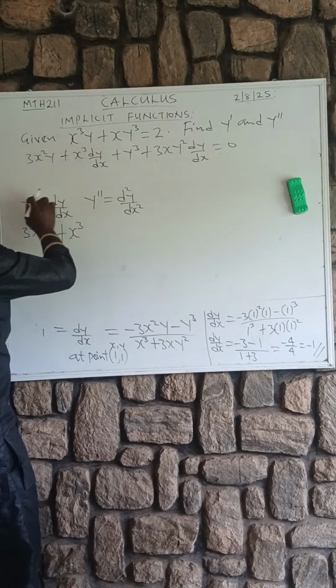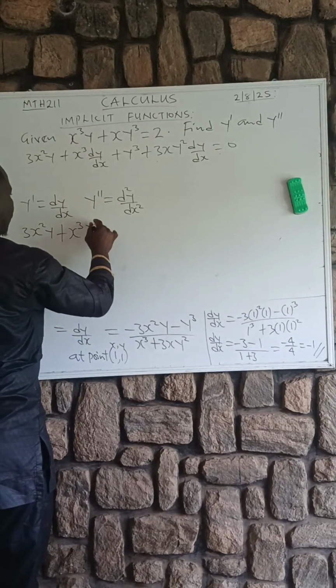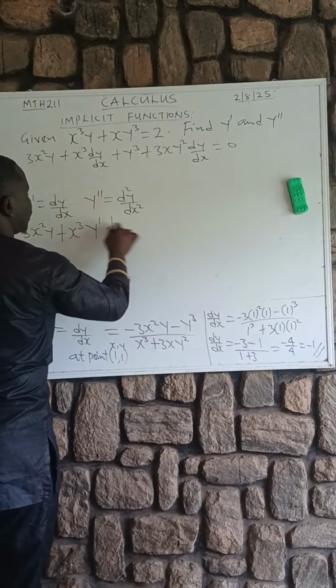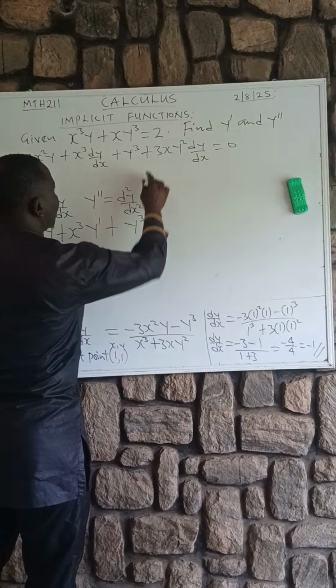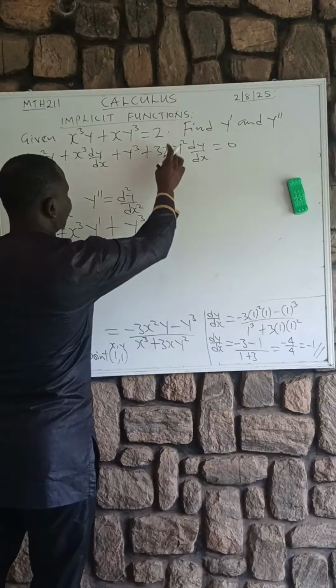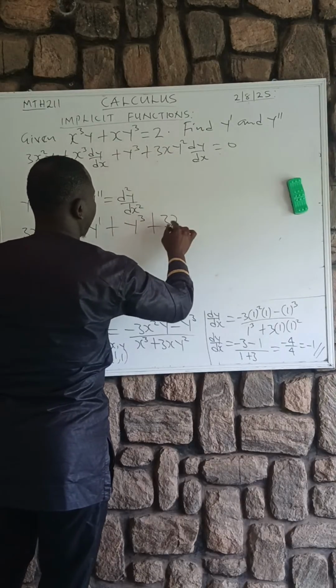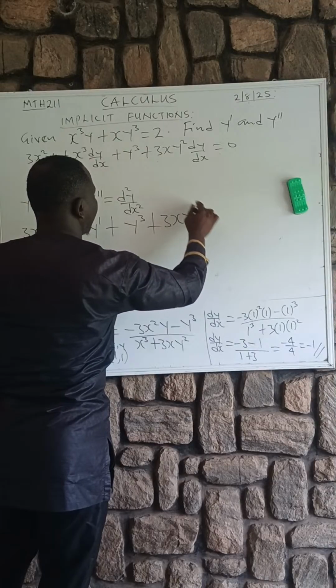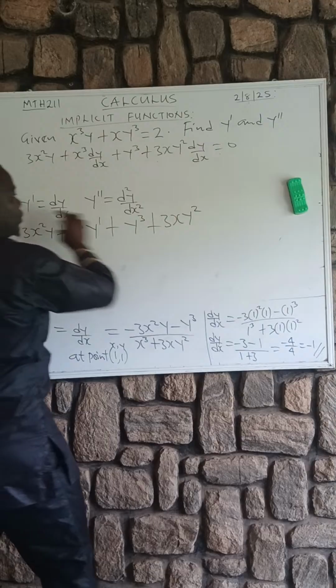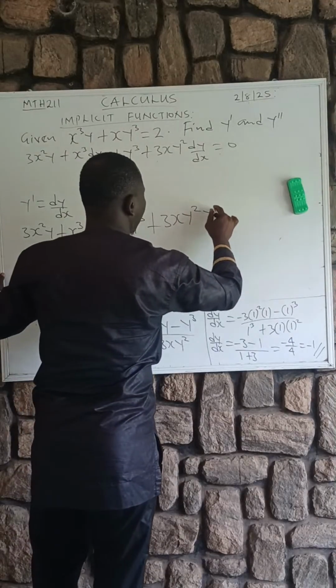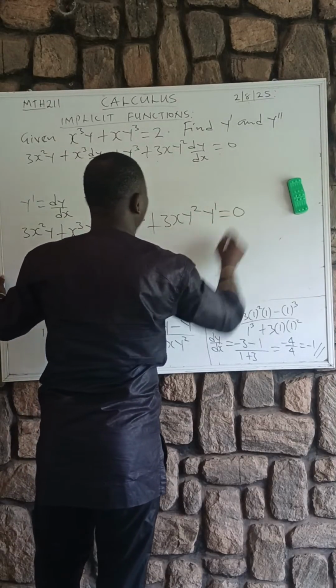Instead of the dy over dx, we substitute with y prime, plus here we have y cubed plus here we have 3x y squared. Then this is the dy over dx, so we write y prime. Y prime equals 0.